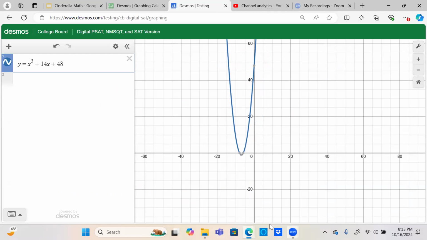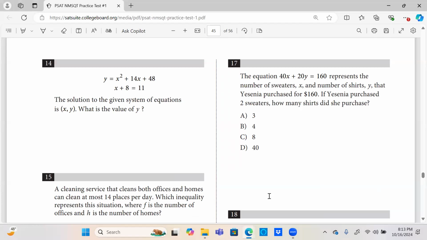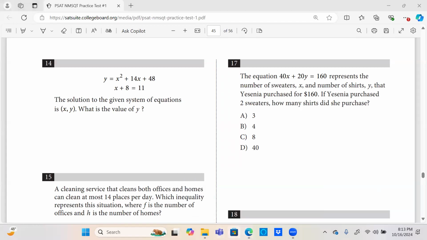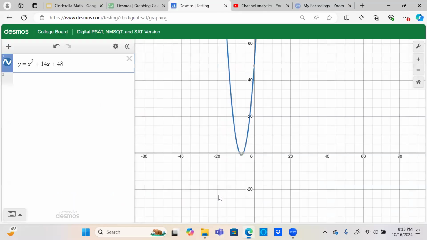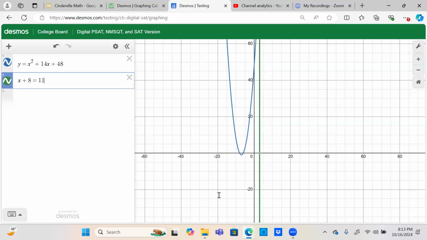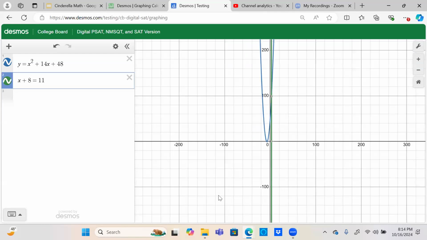Okay, I think that's the first one. We can see that's a quadratic, which we knew because it had a square in it. And x plus 8 equals 11. Okay, and you're looking for where these intersect, and then you're going to click where they do.